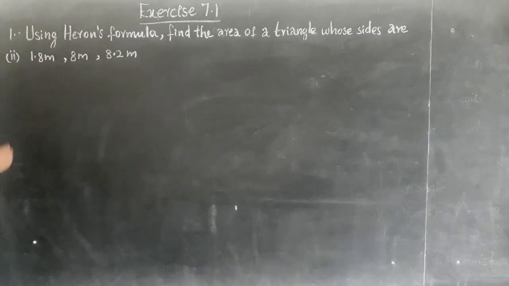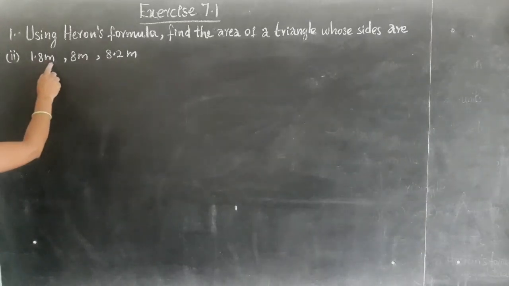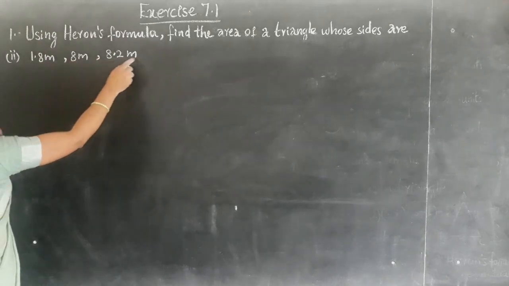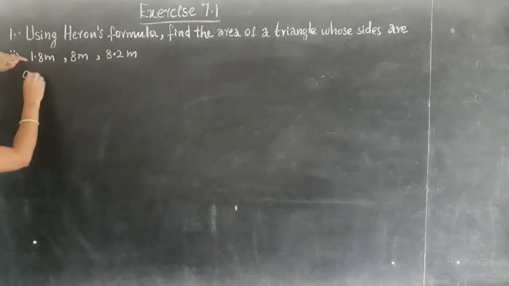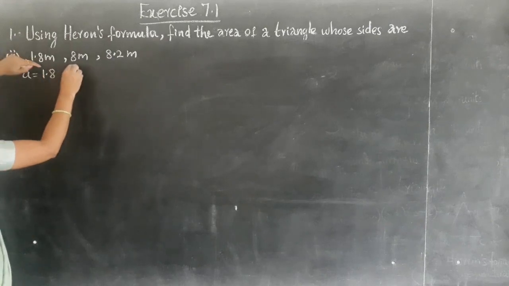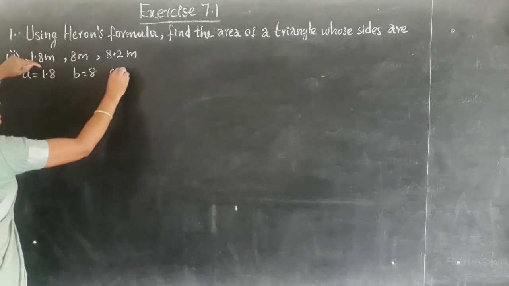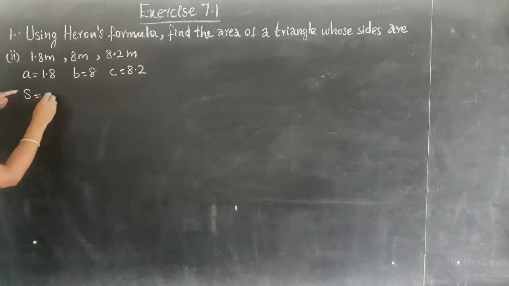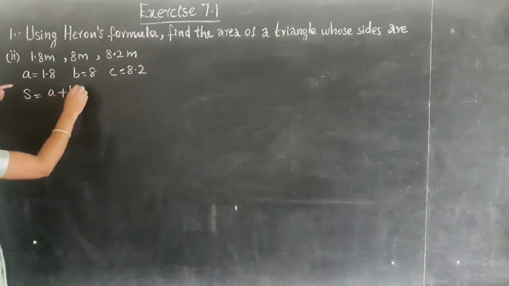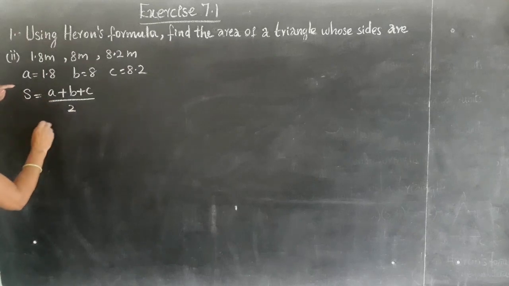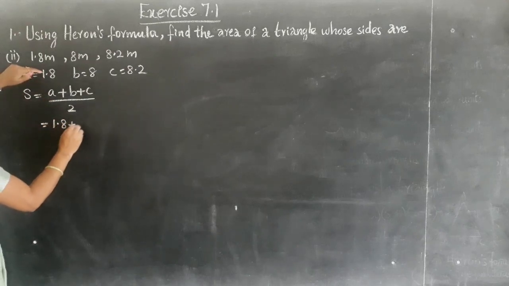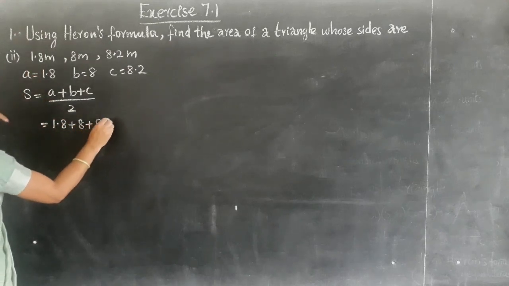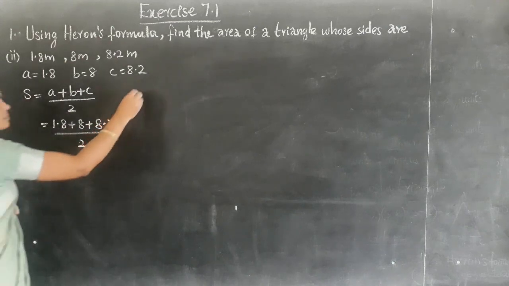Question number 2. The sides are 1.8 meter, 8 meter and 8.2 meter. So take A is equal to 1.8, B is equal to 8 and C is equal to 8.2. So find the value of S, A plus B plus C divided by 2. So 1.8 plus 8 plus 8.2 divided by 2.